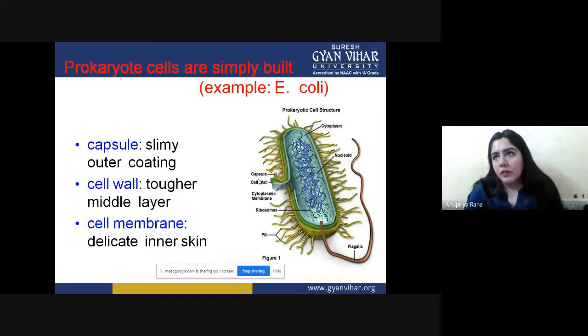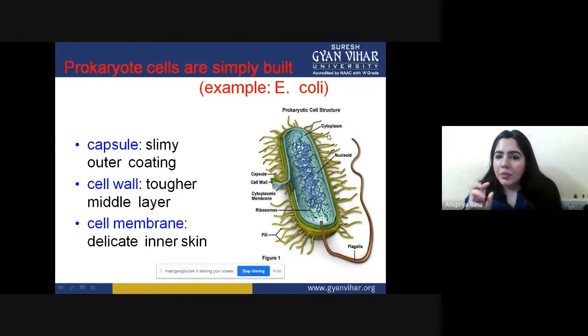Whenever you go through the next topics, there will be bacteria, viruses, or other microorganisms, so you need to know the basic differences between a bacterial and a virus cell. So here we are taking an example of a bacterial cell. You can see the capsule, that is a slimy outer coating, present on the outer surface of the wall. Why is it present here?